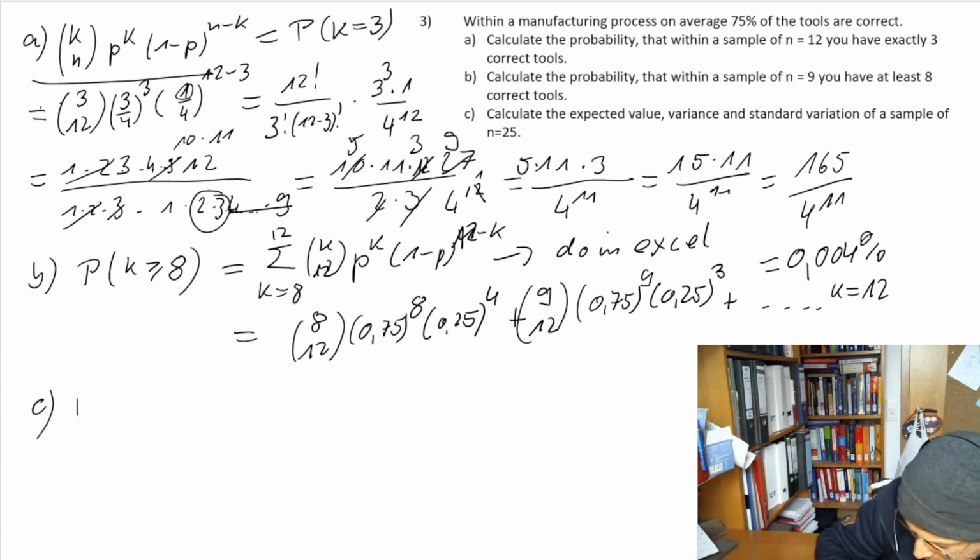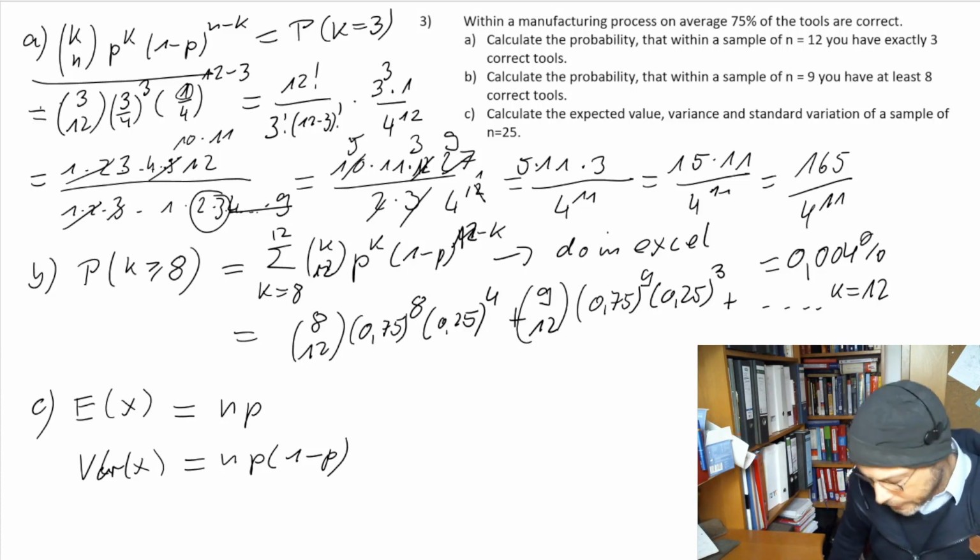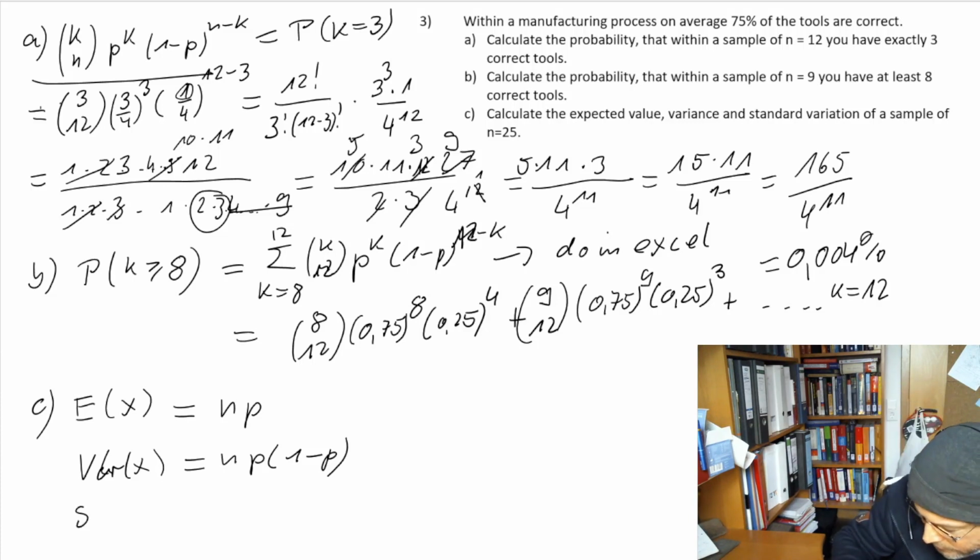So expected value of x is np, and the variance of x was n times p times 1 minus p. And then the standard deviation is just the square root of the variance.